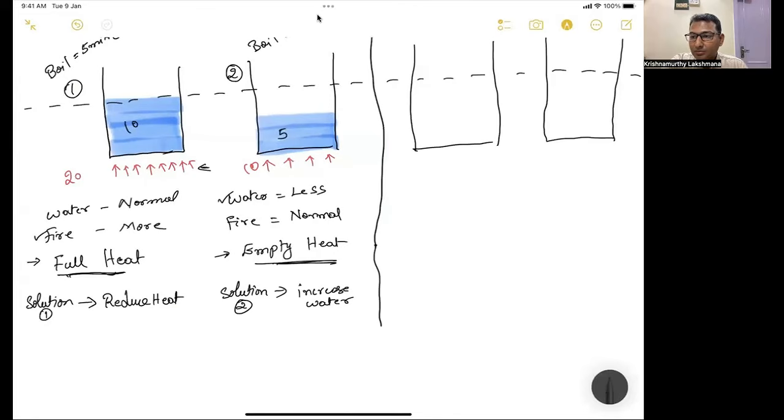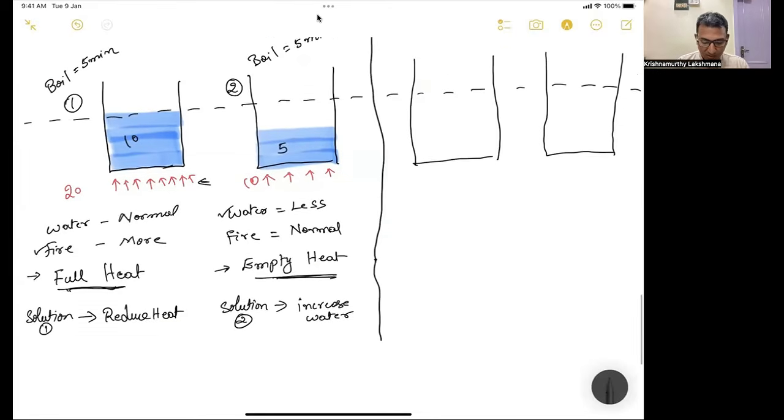Sir, can I ask one small doubt? You have taken 5 units of water and 10 units of heat, I mean fire, so it would be less, no? See, this is normal.